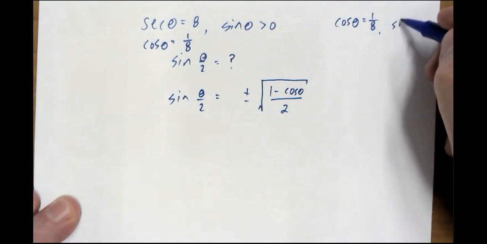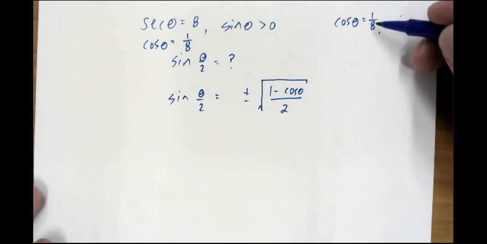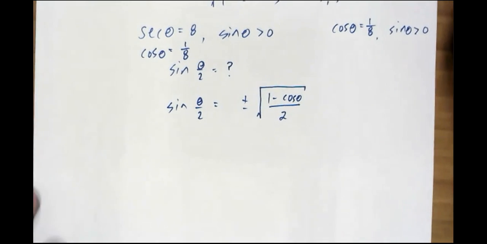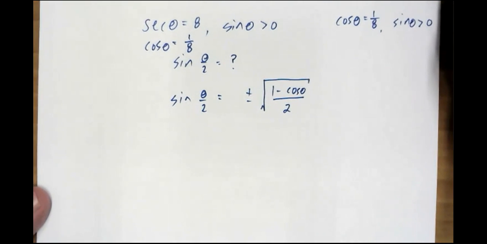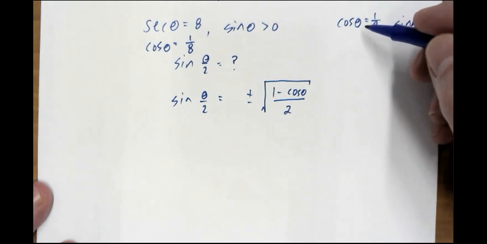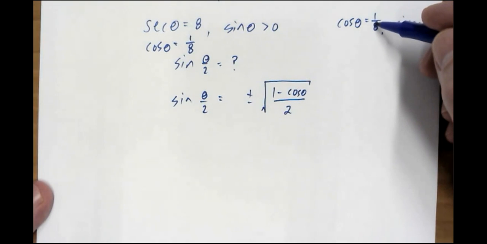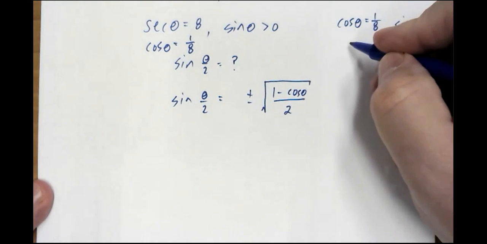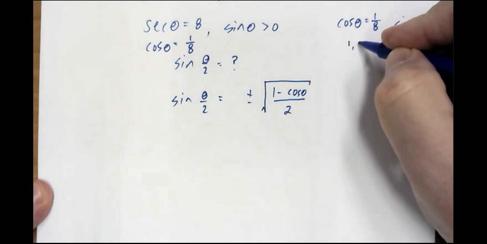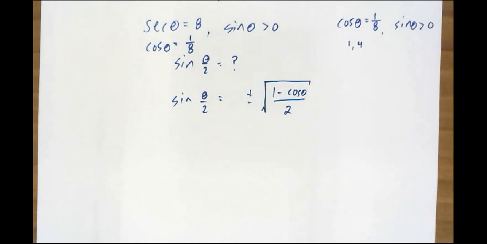Here's the information they've given me about theta, and based upon this information, I can determine what quadrant theta is in. We have the 4 quadrants. So what I know about when the cosine of an angle is positive, that's going to be either quadrant 1 or quadrant 4.